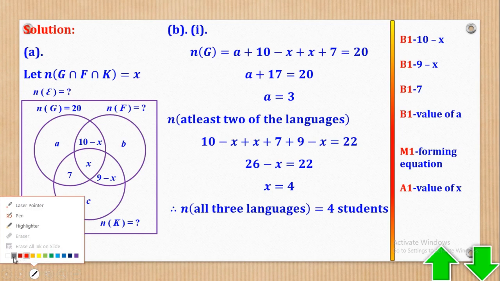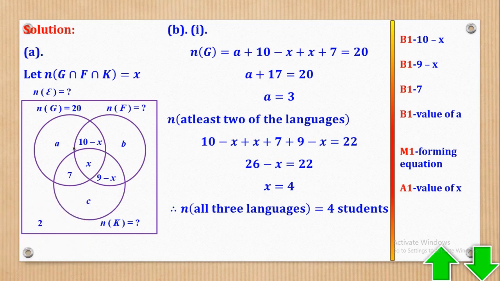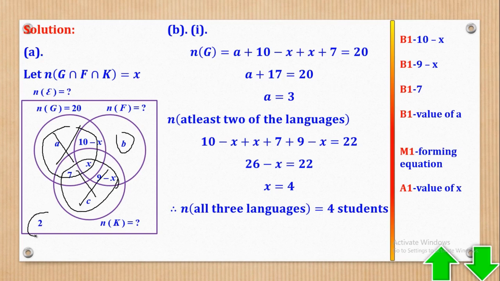So what will be the event? The event is the number of students who speak neither Germany nor Swahili. So we shall first look for those who speak Germany and cross them out. Then those who speak Kiswahili and also cross them out. So the remaining ones will be B and 2. Therefore, those who speak neither Swahili nor Germany is equal to B plus 2. That is the event.